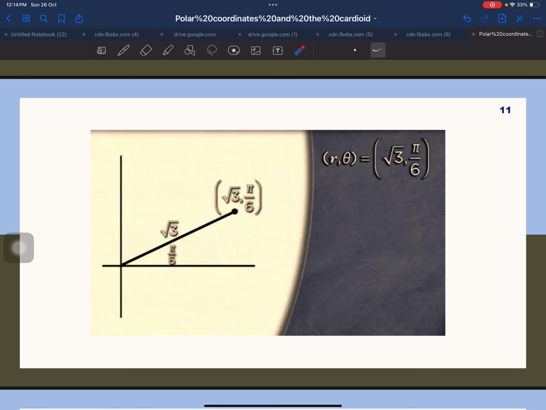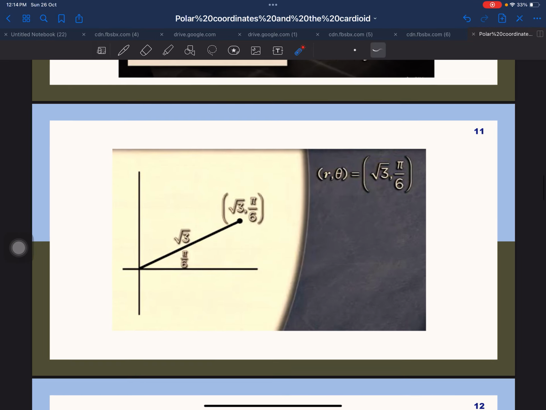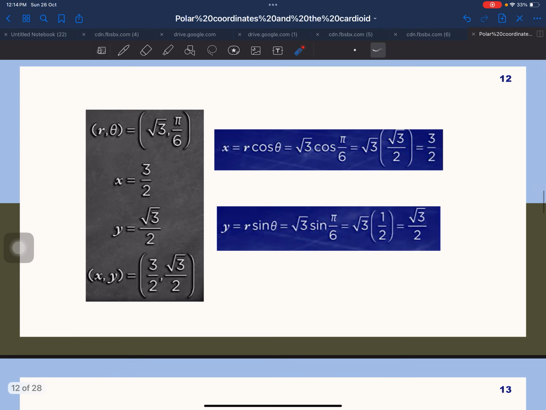Yes, it's in the first quadrant. Its distance is square root of 3 from the origin, and it makes an angle of pi over 6 with the positive x-axis. The next question is, what are the x coordinate and the y coordinate?